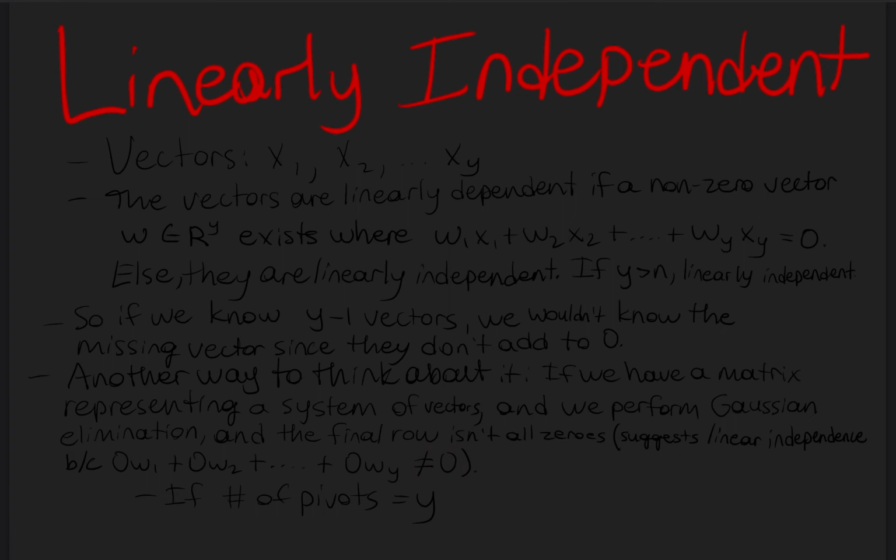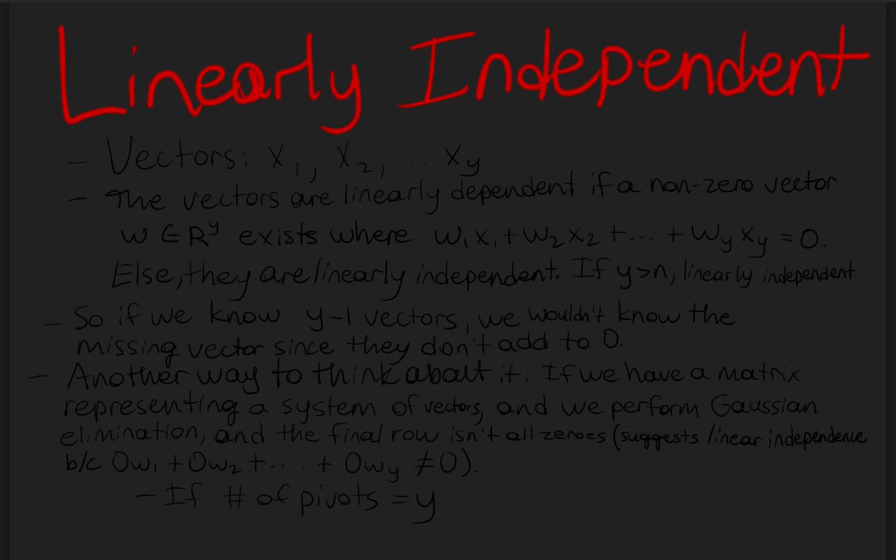And yes, these are the coefficients expressed in the final row of the matrix. If the term in the final row, final column of that matrix is not 0, then you know that it doesn't add up to 0, and therefore this system of vectors is linearly independent.